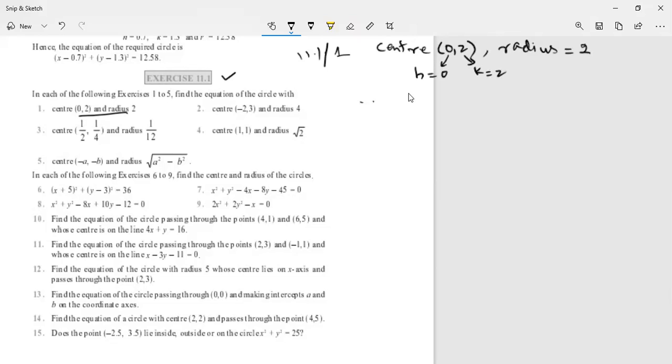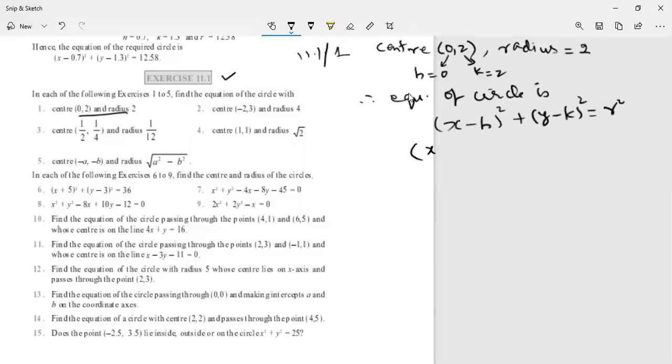Therefore the equation of the circle, we use the first formula, (x minus h) whole square plus (y minus k) whole square is equal to r square, and substitute the values here. h is equal to 0: (x minus 0) whole square plus (y minus 2) whole square is equal to 2 square, that is 4.